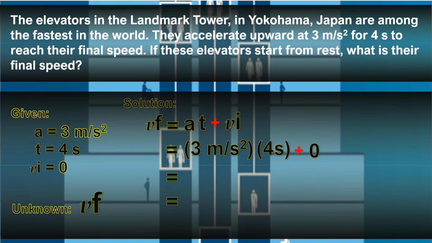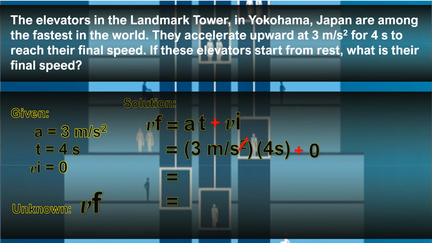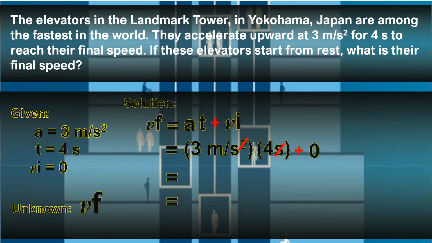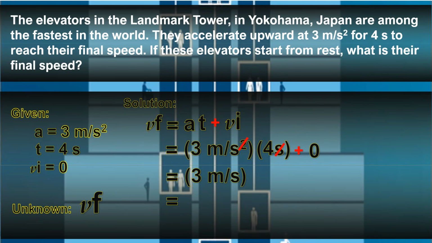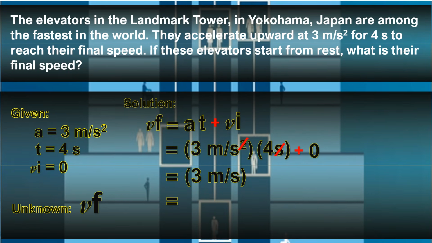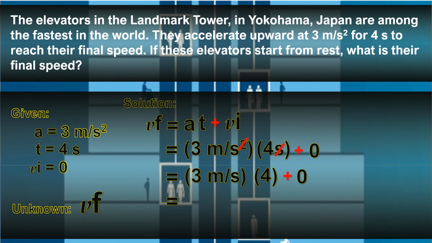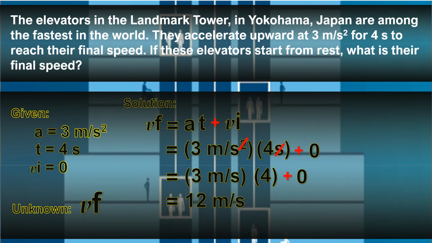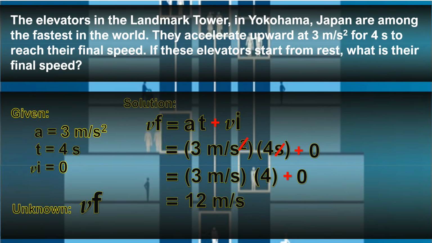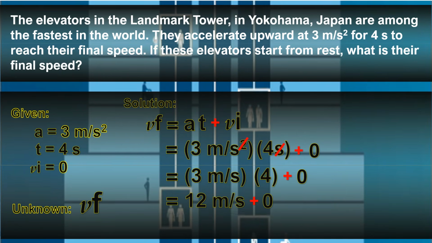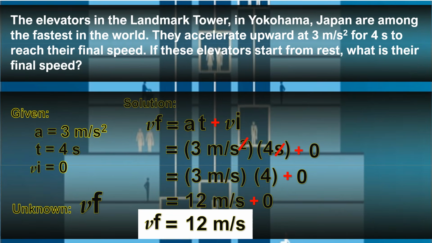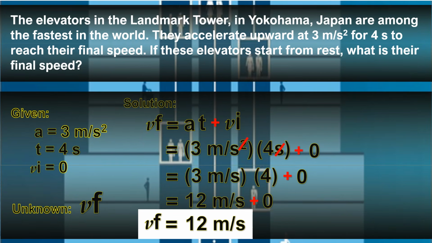Then, kakancel natin ang seconds dito at ang seconds ng 4. Magiging 3 meters per second times 4 plus 0. 3 meters per second times 4 is 12 meters per second plus 0. Final velocity of the elevator is 12 meters per second.